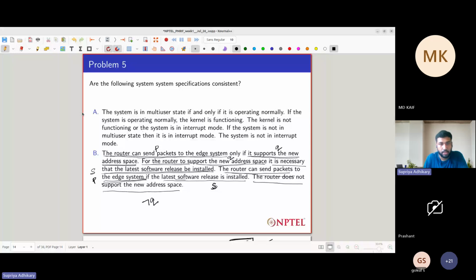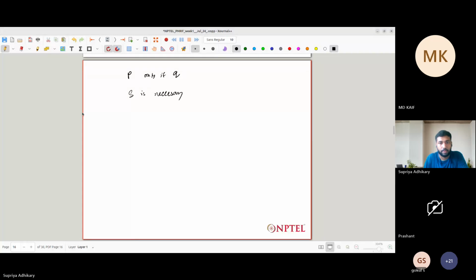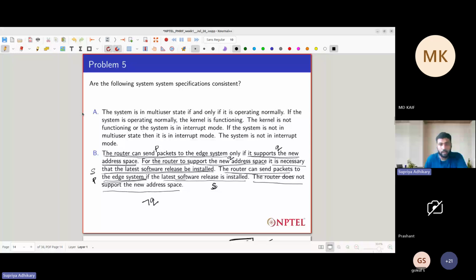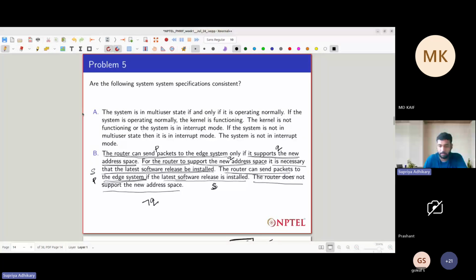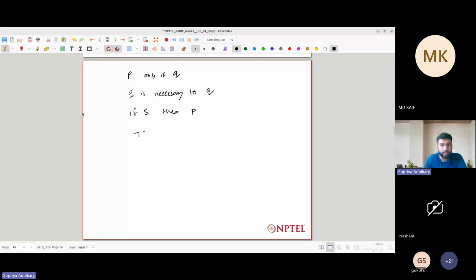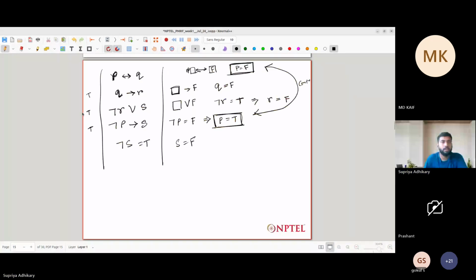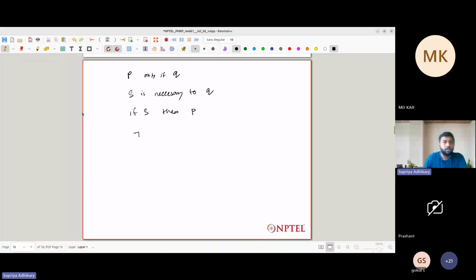So S is necessary for Q. The third statement was the router can send packets to the edge system if latest software is installed. That means if S, then P. And finally, the router does not support the new address space, which is nothing but the negation of Q.